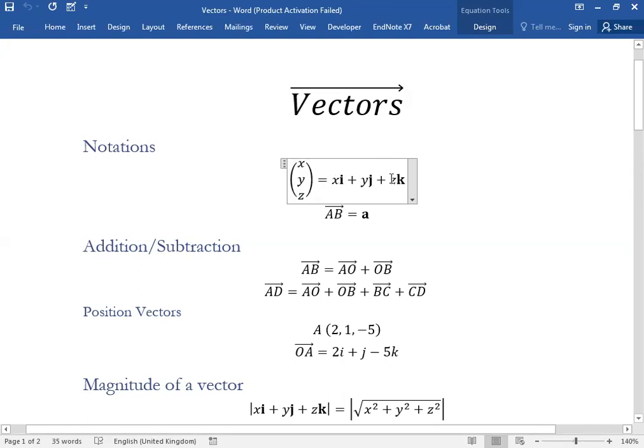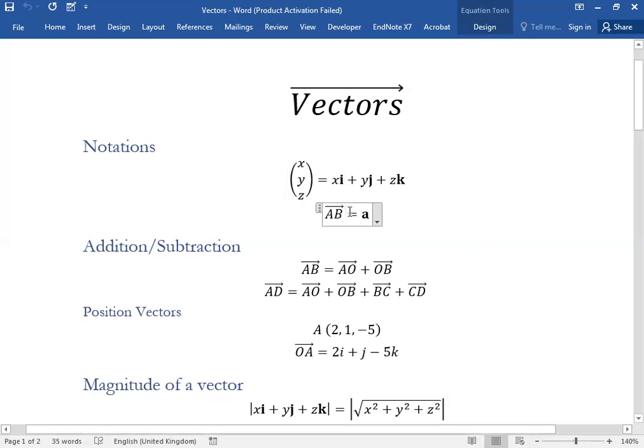Again, x, y, and z are still the movements along the x, y, and z axes respectively, and i, j, and k are unit vectors in each respective direction. So if I want to tell someone that I have moved 3 units in the x-axis, I'll write it as 3i. i is a unit vector, the magnitude of which is 1. We'll be doing it in detail as well.